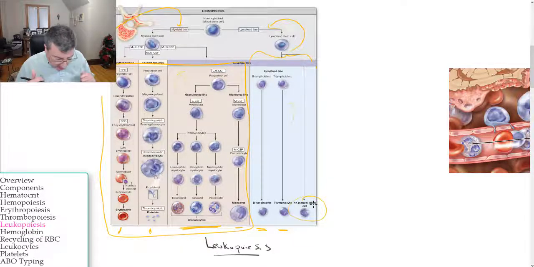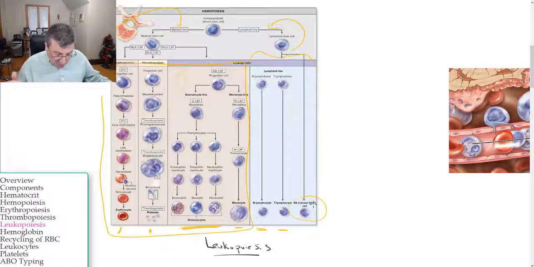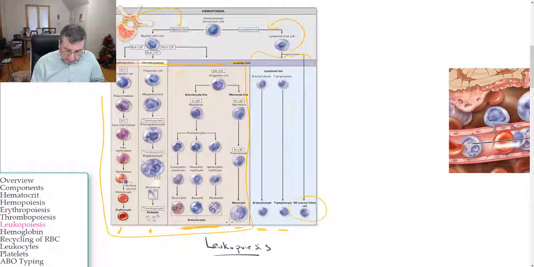And I think that covers what we want to do for this one. So know which line, myeloid or lymphoid, the different end product, whether that's the erythrocyte, platelets, granulocytes, monocytes, or lymphocytes, know where they come from, what stem cell they originate from on that one.